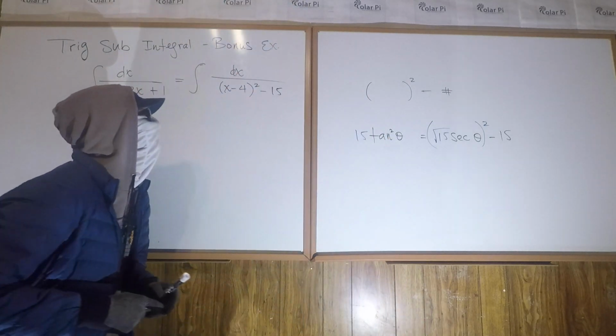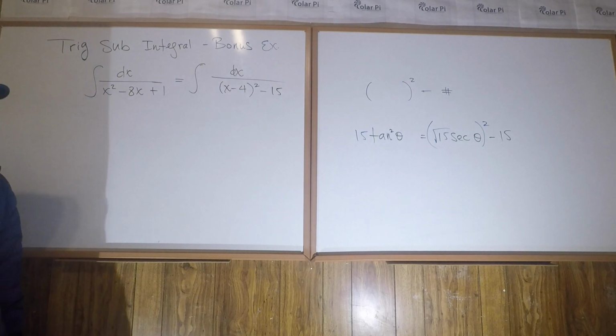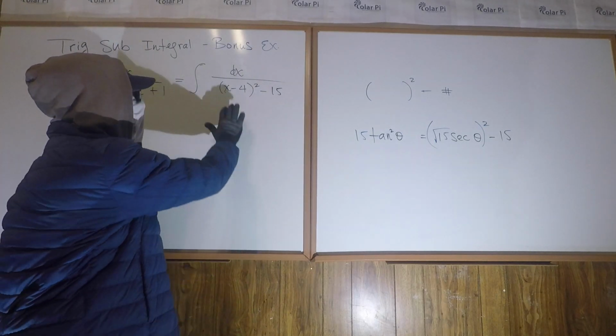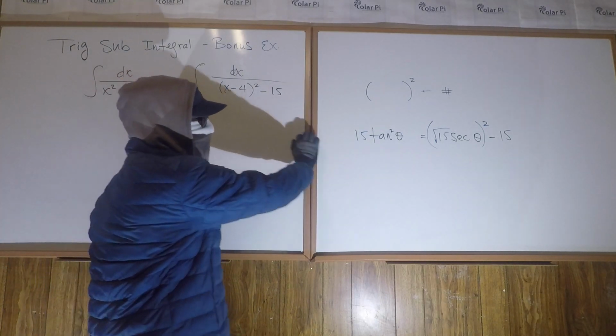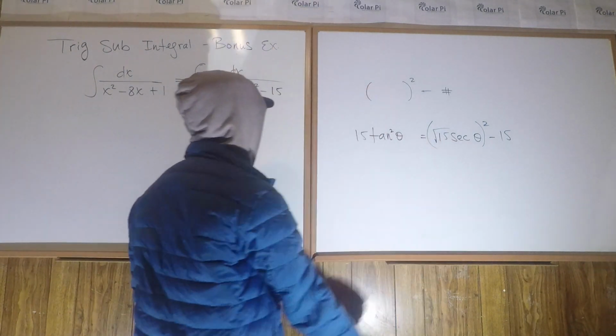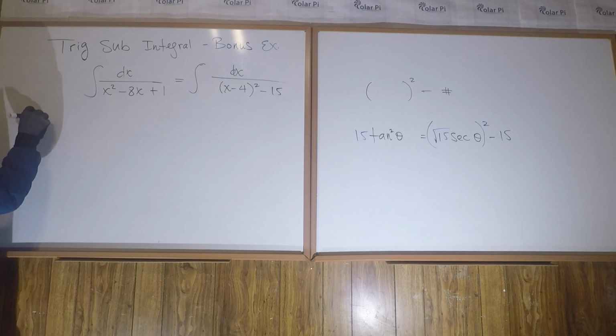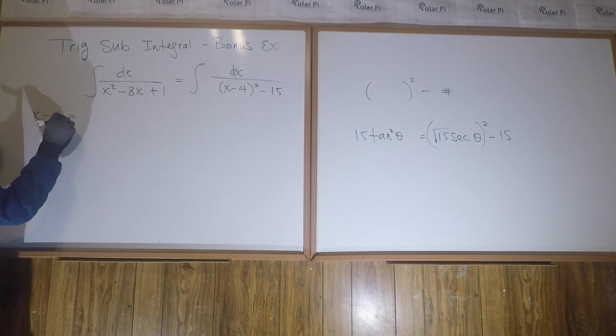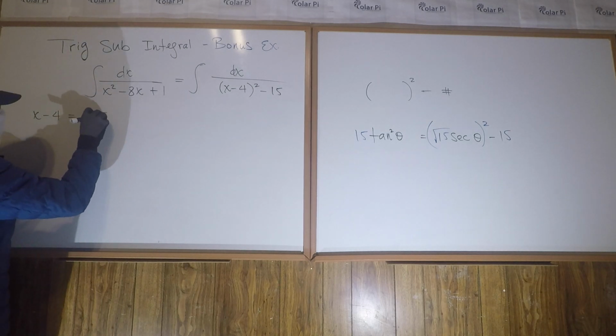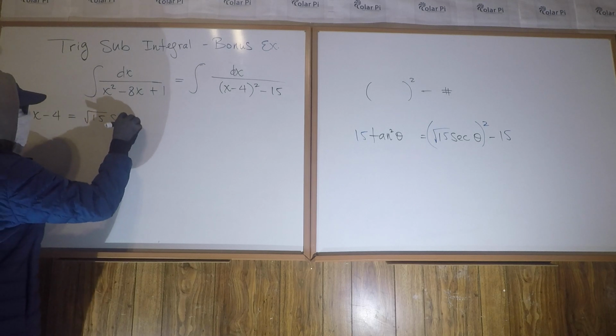Clever. So with that in mind, clearly x minus 4 ought to be root 15 secant theta. That's the correct substitution here. So x minus 4 is root 15 sec theta.